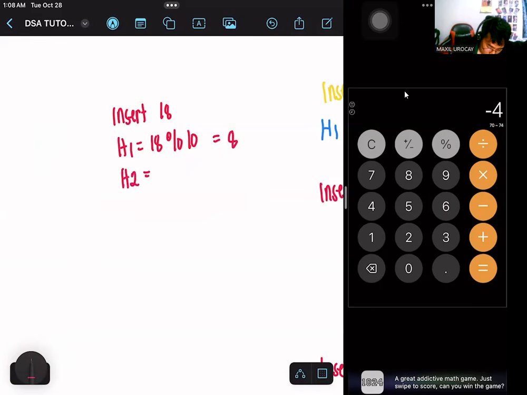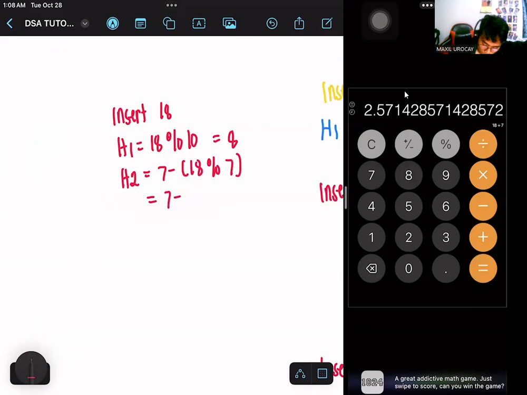Hash 2 will become 7 minus 18 modulo of 7. Of course, 18 divided by 7, that is 2. 2 times 7, that is 14, 18 minus 14, that is 4. So therefore, 7 minus 4, it will become 3.